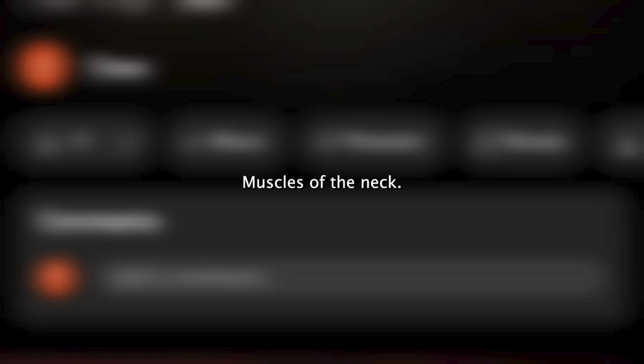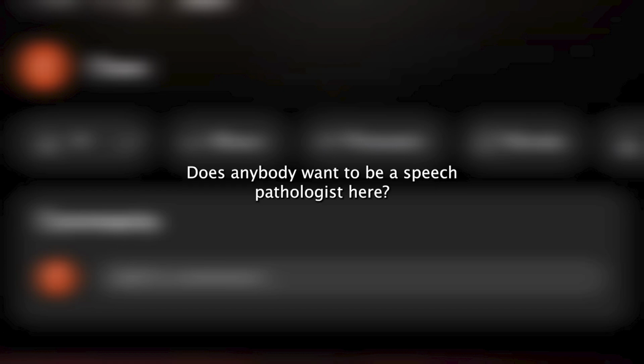Okay, muscles of the neck. The only one here that I will test you on is the first one, the sternocleidomastoid muscle. The others are small. It's the only one you have to know. Does anybody want to be a speech pathologist here?